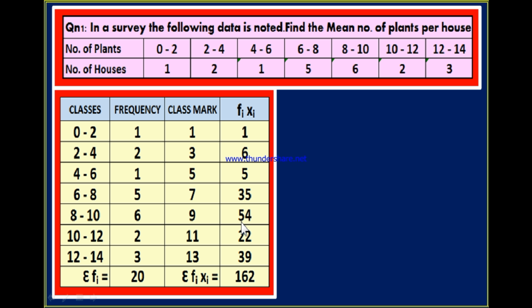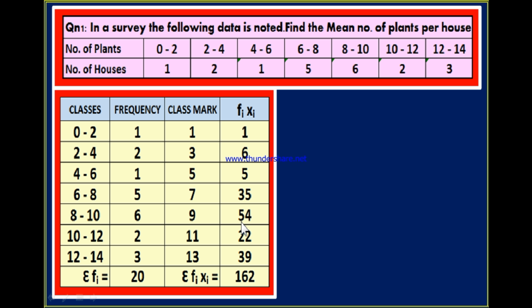Again, as we know, there are 3 methods to find the arithmetic mean. The first method is direct method, the second method is deviation method, and the third one is step deviation method. If the classes or the frequencies are big in numbers, then it is better to use step deviation method. Already in question number 1 we came across direct method.